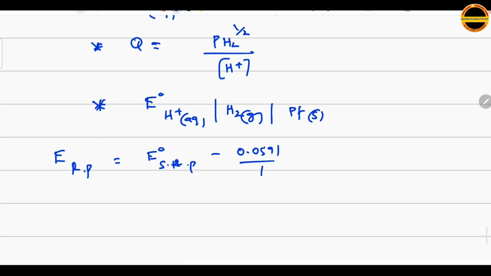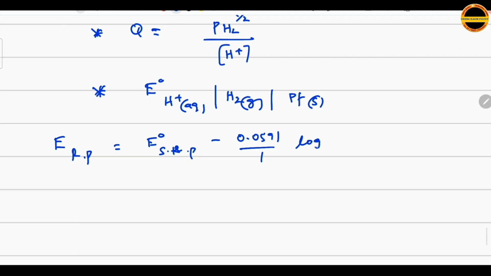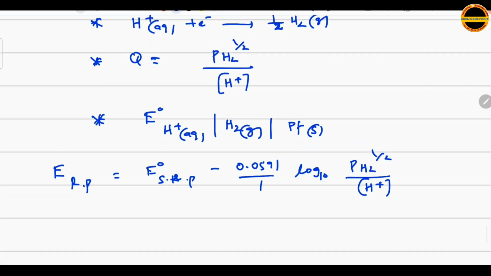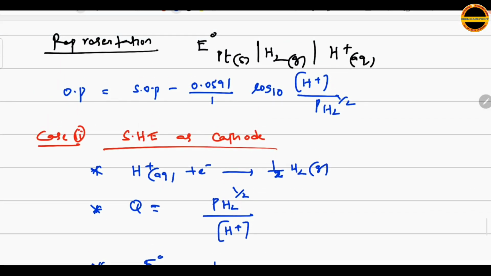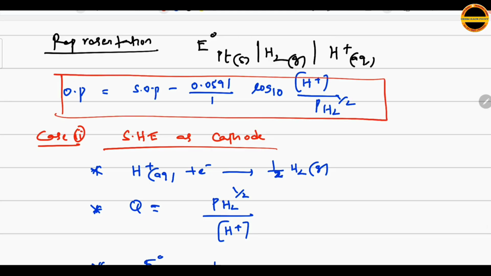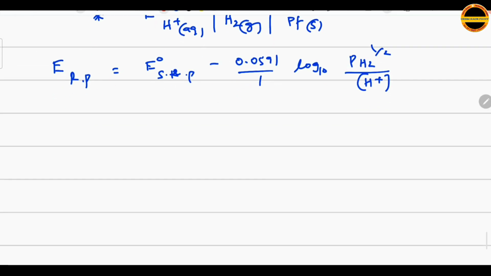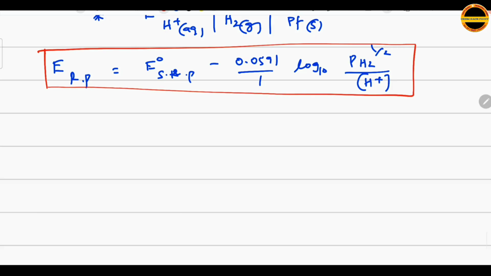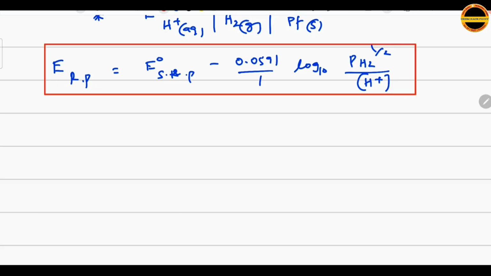Here also you can write the n value 1, log base 10 of the Q value: partial pressure of H2, which is half, by the H plus ion concentration at the bottom. So see the equation here. Above, we mentioned the equation for the anode; below, there is the equation for the cathode. It is important, and by using it we are going to do many calculations and many questions.